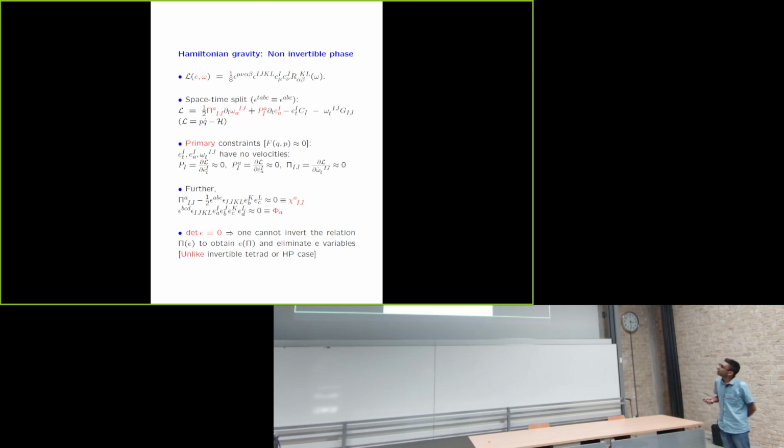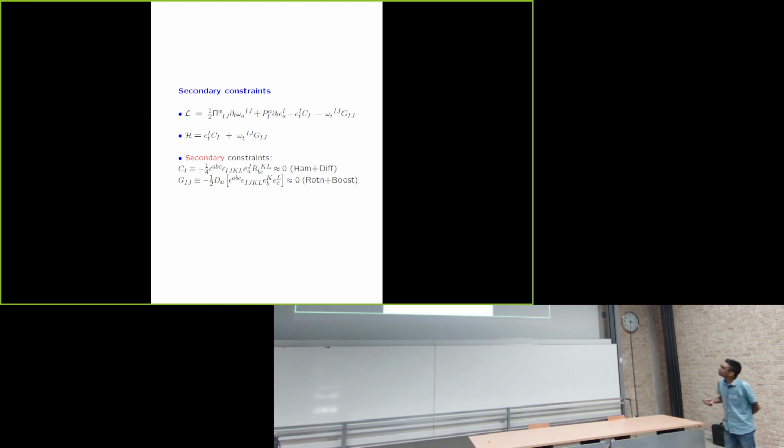In the standard case, we can always invert this first primary constraint between omega momenta and the E coordinate to get rid of these tetrad fields altogether and go to a pure connection formalism where all you have is omega and pi, and these guys go away. But here you can't do that because the tetrads are not invertible. So you have to carry these tetrad fields along and then see what happens. So that's the first difference.